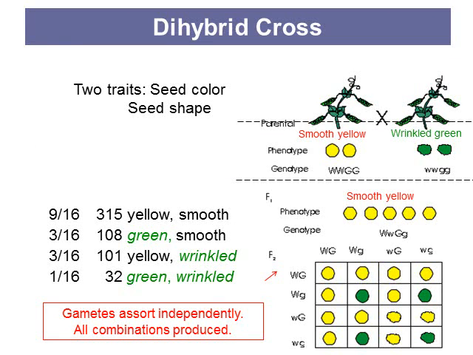It means if you're looking at a plant that has both smooth seeds, which is a dominant, and yellow seeds, which is a dominant, and you cross it with a plant that has wrinkled seeds, which is a recessive, and green seeds, which is a recessive, you are going to get all smooth yellow to start out with, but now you have both the W, which represents the smooth gene, and G, which represents the green or yellow seed.